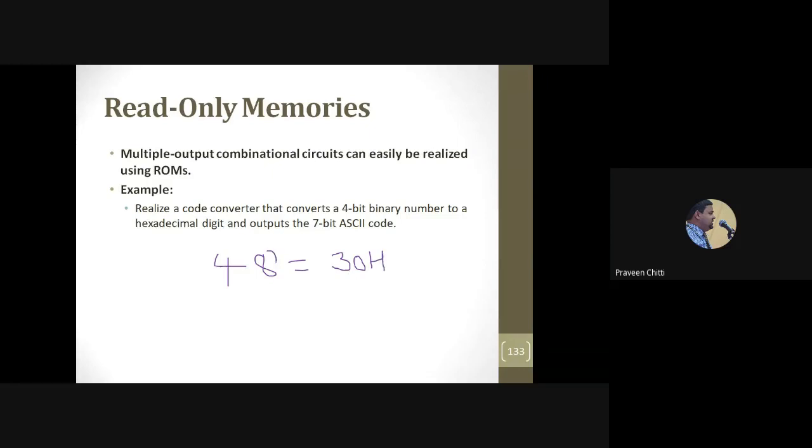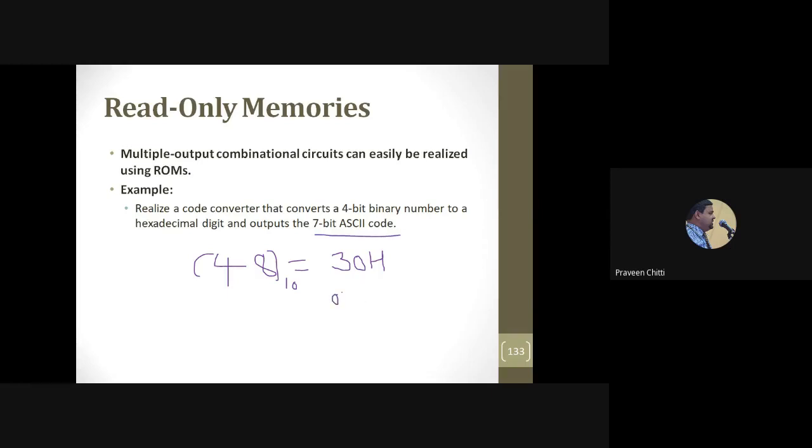So this is decimal. In hex, the ASCII value of 0 is 30. So this 30 is represented in 7-bit code.